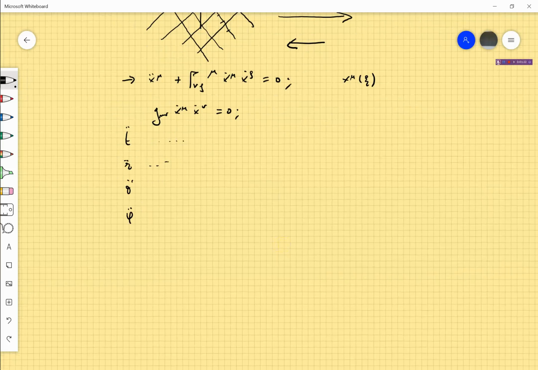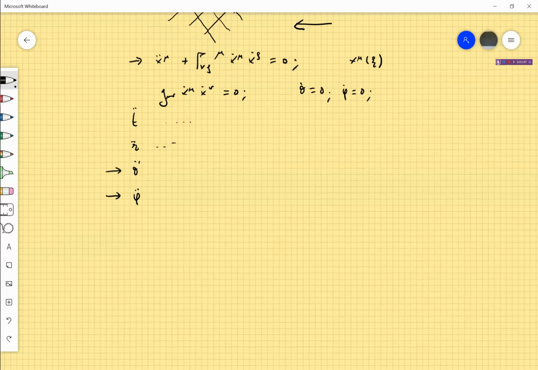Now the one thing that you have to know is that for the radial motion case, in which theta is constant and phi is constant, these two angles determine the direction with which the particle goes to r equals 0. Since these angles are constant, these two equations are satisfied, so we are not going to need them anymore.